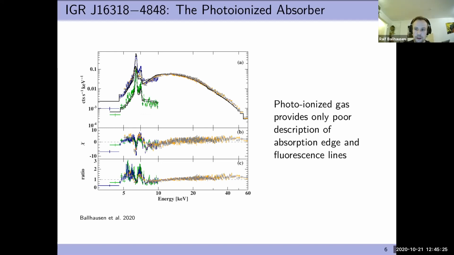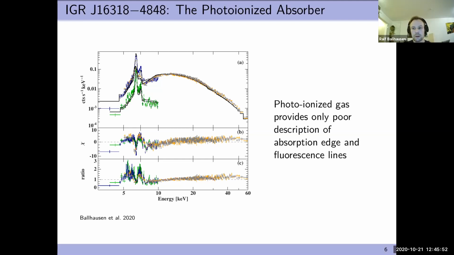So we tried first to find a self-consistent gas model to reproduce these strong lines, because what most of the previous analyses have done is basically model the absorption and the fluorescence independently. You have an absorption model, and there are several absorption models for neutral or ionized absorption.